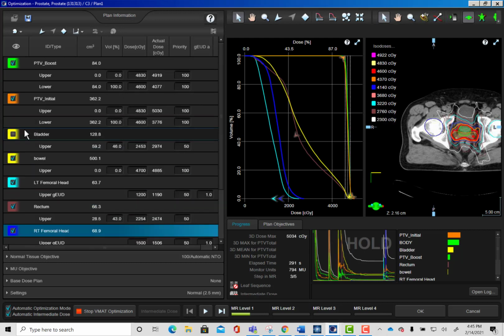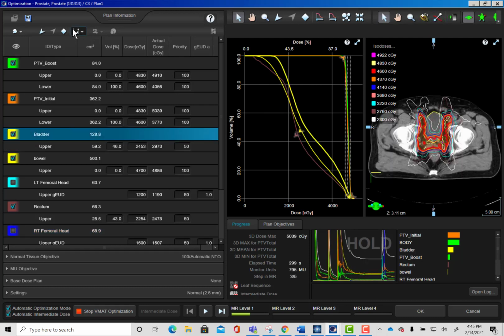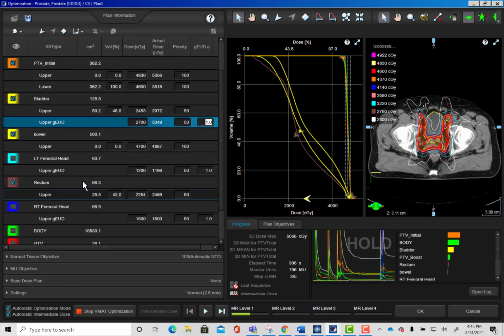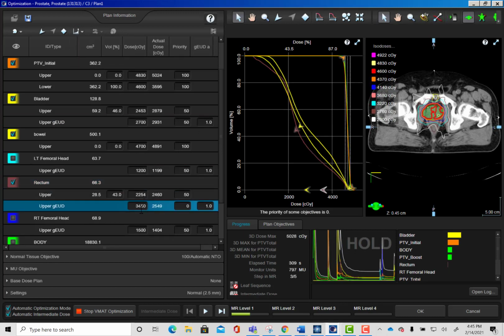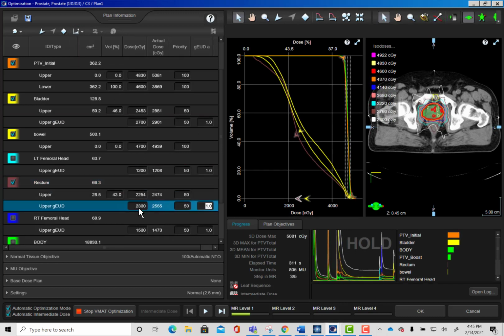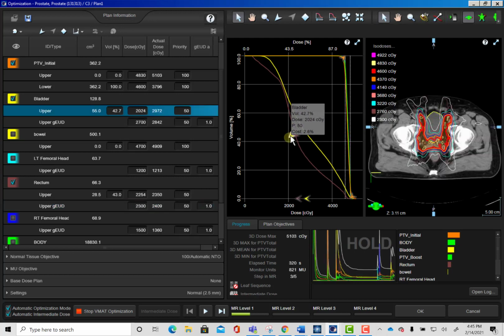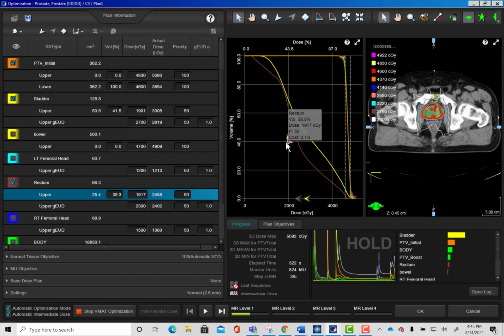Anyways, that's pretty good. Bladder and rectum are looking good. They came down like we wanted. I'm going to add my typical EUD in there. Slowly push on both of these. You can see that is going to drive those lines down pretty good, which will let me drag these upper constraints down a little bit.